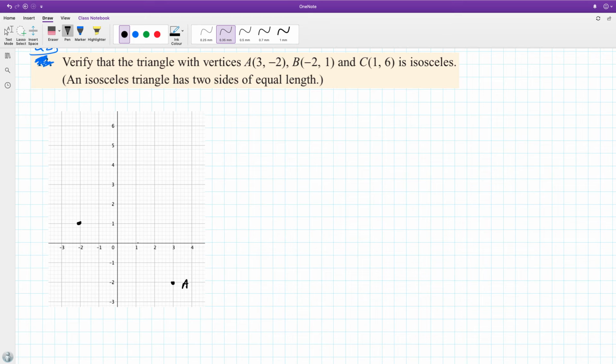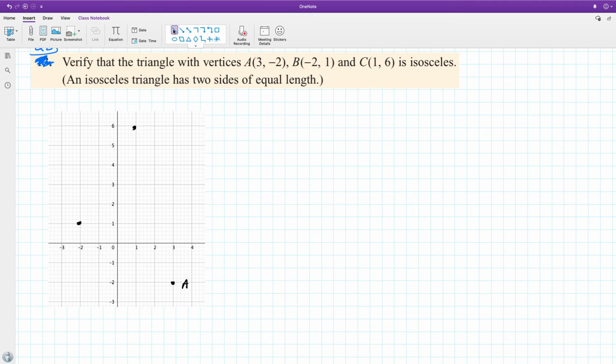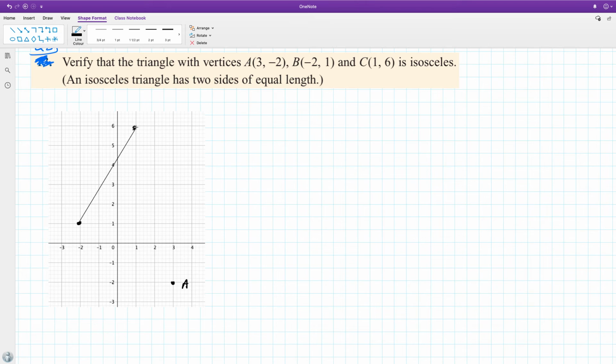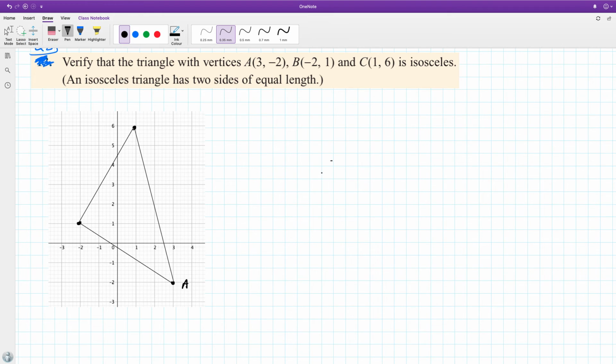And 1, 6, out to 1, up to 6. Right, what do we think is going to be the same? I reckon that's the longest, and I think CA is too long, so I reckon C to B and B to A is the same.